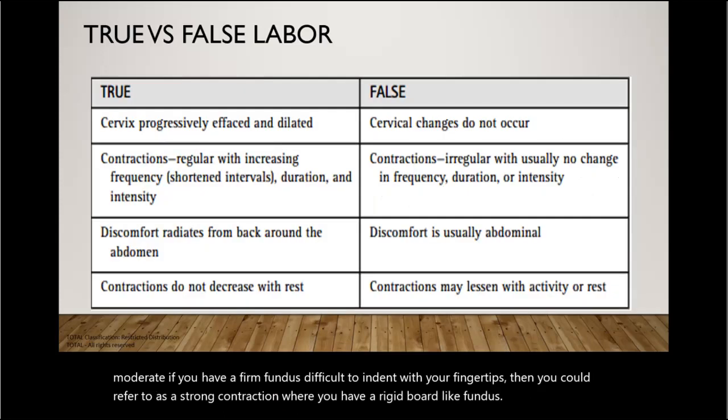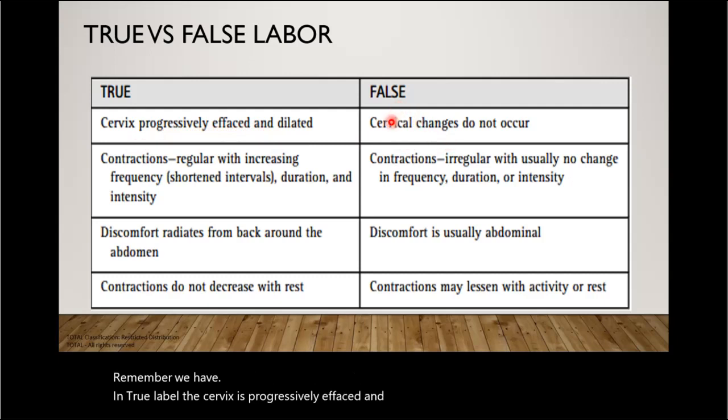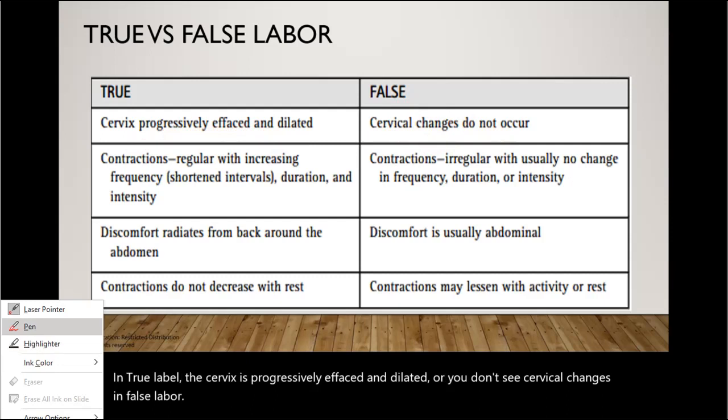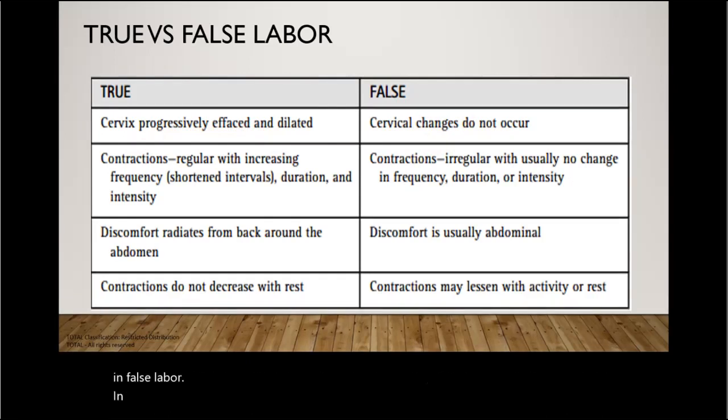Again, you must be able to differentiate true from false labor. Remember, in true labor, the cervix is progressively effaced and dilated, but you don't see cervical changes in false labor. Contractions in true labor are regular with increasing frequency.